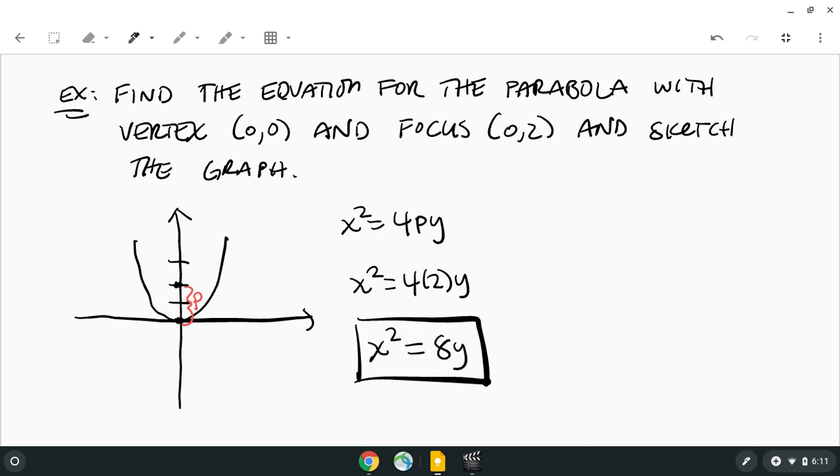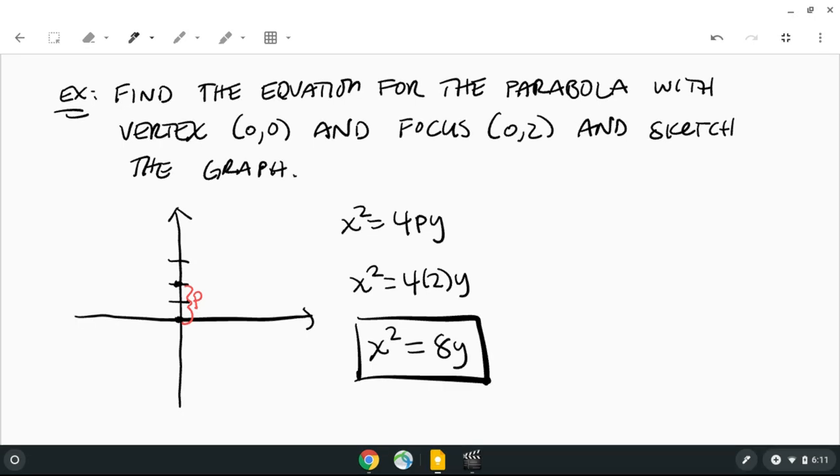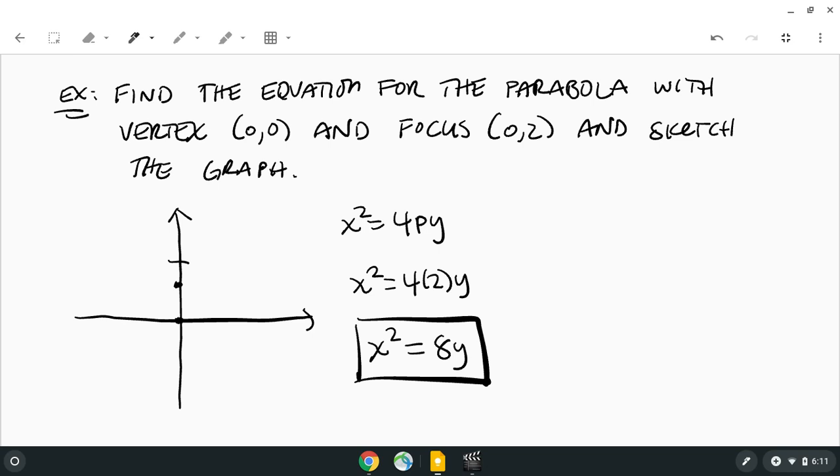So that's why it's nice to draw the information that they give you. Remember we started off with just this: all we know is that the vertex is at 0, 0, and the focus is at 0, 2.